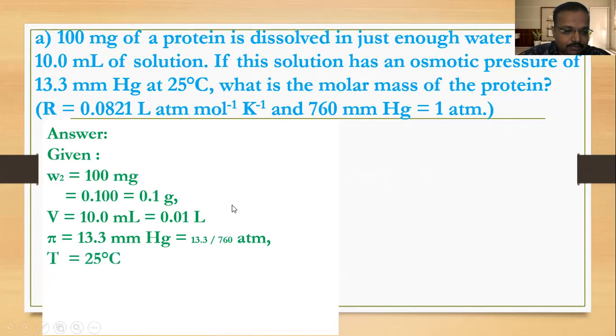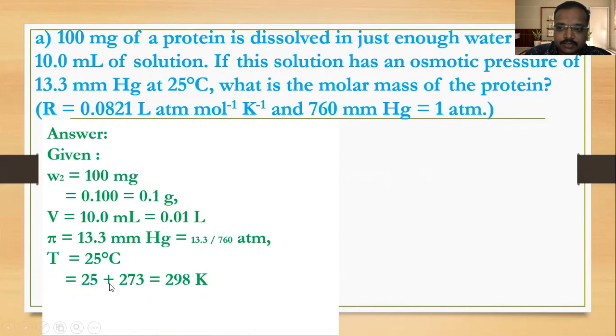Now temperature is 25 degrees Celsius, already mentioned in the question. So we convert that into Kelvin. It comes to 298 Kelvin. Just add 273 to it.